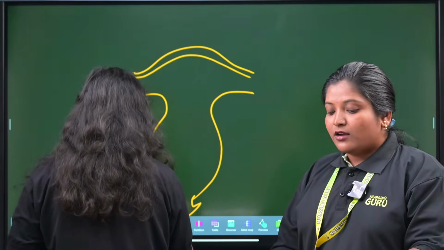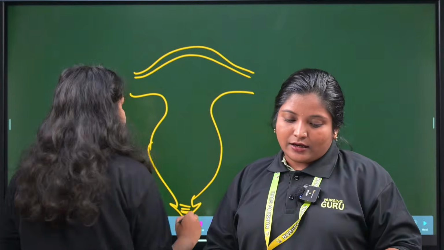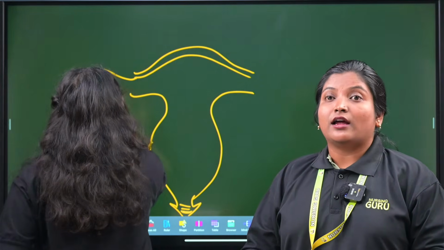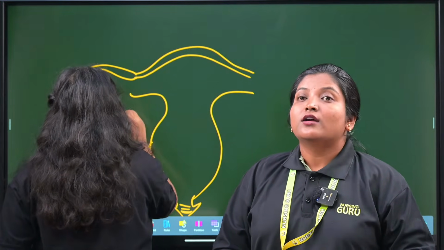When it comes to the diagrams, the uterus is very important as a part of your reproductive system. Hope you understood this. It also includes the breast: breast structure, functions, mammary gland. Try to know about the breast also.